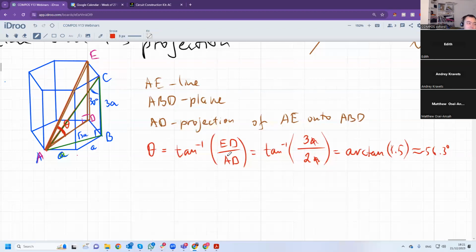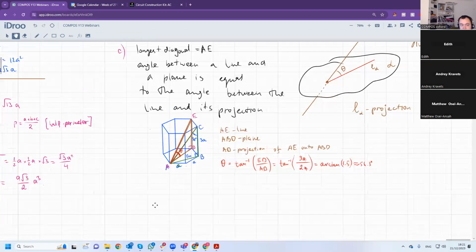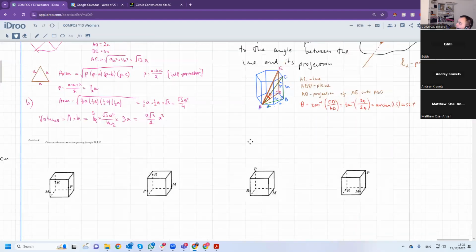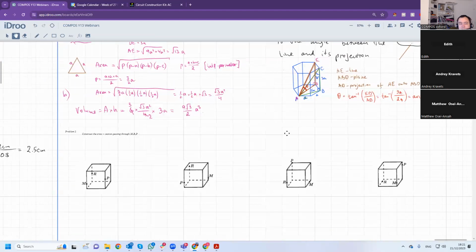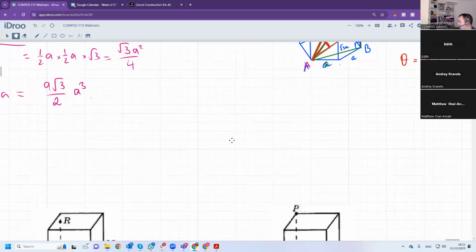Well, there's one orthogonal projection. That means at a right angle.